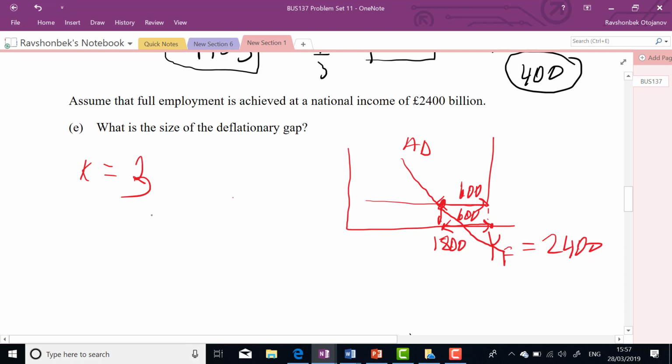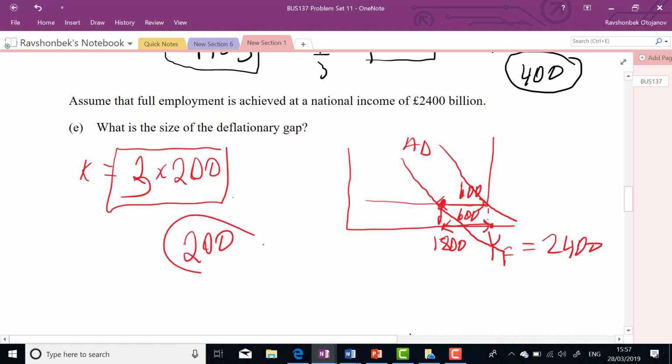We just need to inject 200. That gives us the desired 600. So then aggregate demand moves to this point. Yeah, the gap is now covered. So the gap here is 200. This is the answer. The income goes up by 600 if we just inject £200 today.